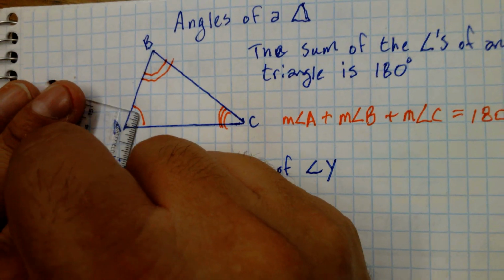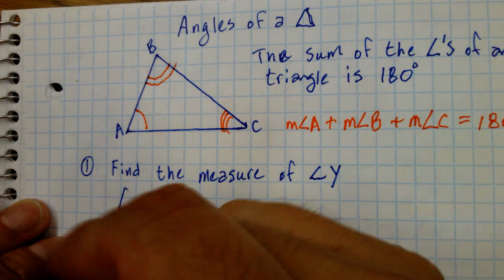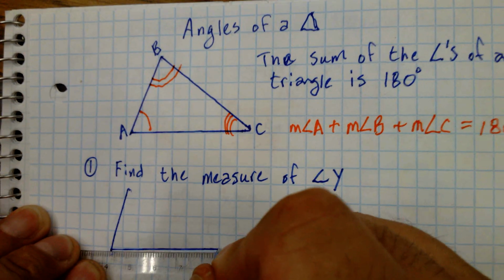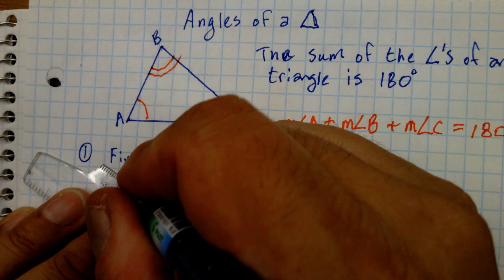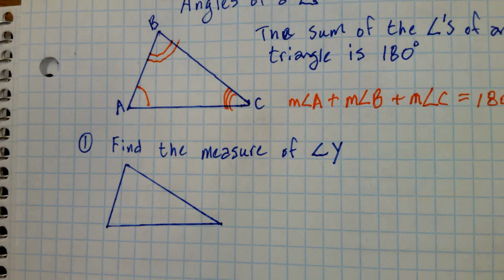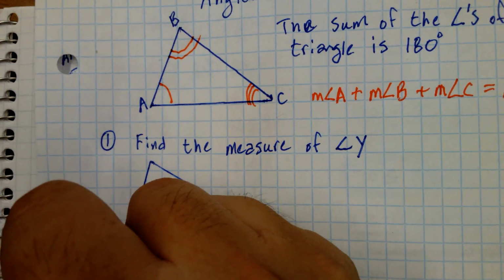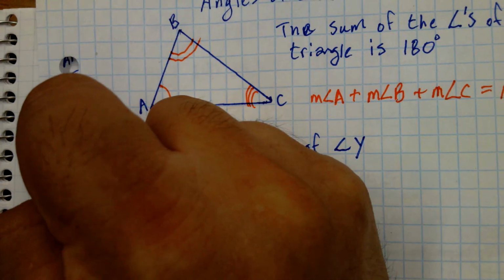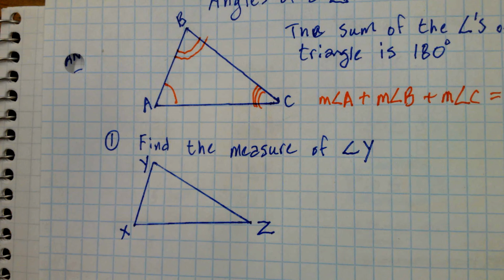Let me draw a triangle. If you want to make it look like mine, that's fine. I'll try to be accurate. So I'm going to label the vertices again: X, Y, and Z. Okay?